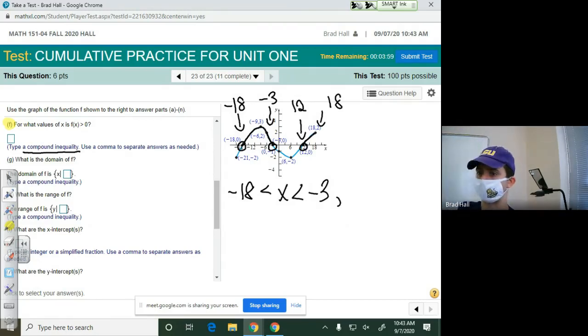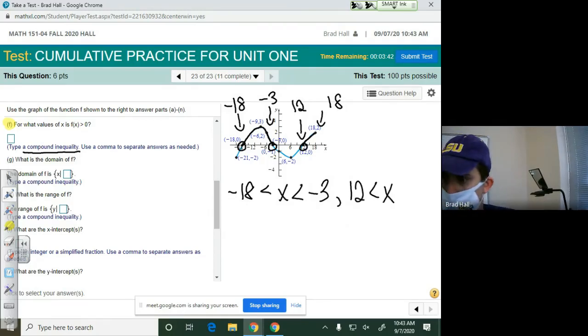The leftmost x value is 12 and the rightmost x value is 18. We exclude 12, but we include 18. This is the only reason why I did this problem.